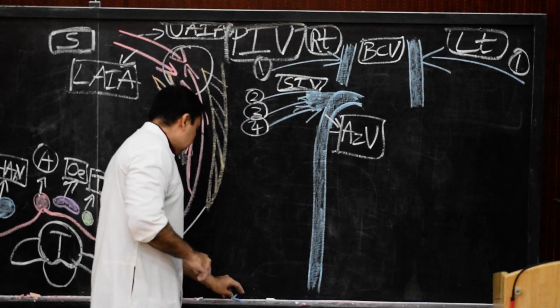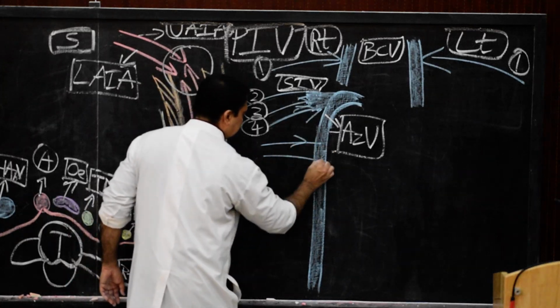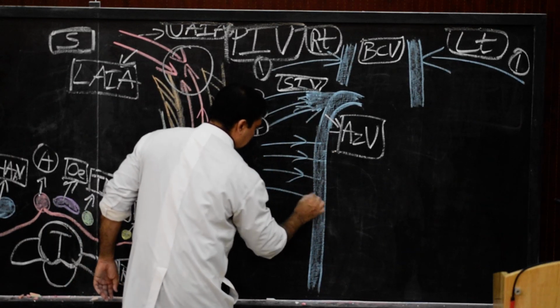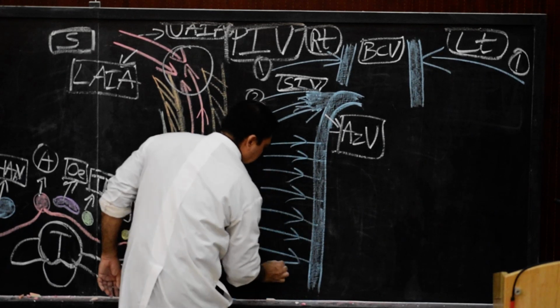On the right side, now from 5, then 6, 7, 8, 9, 10 and 11.